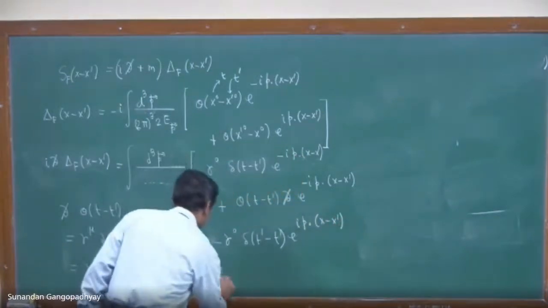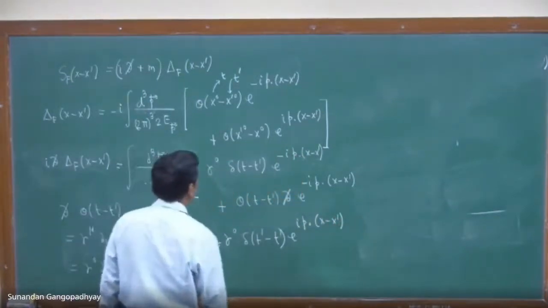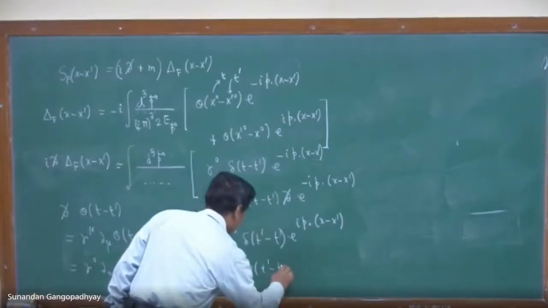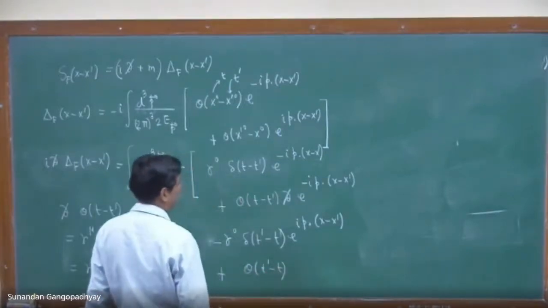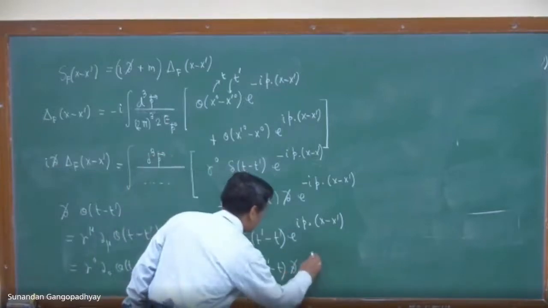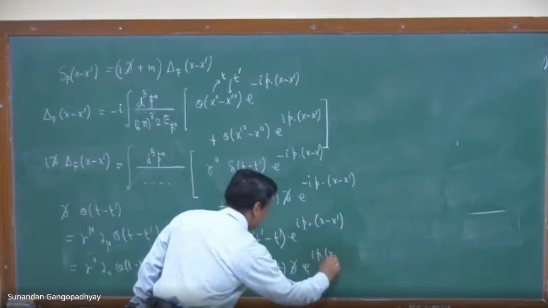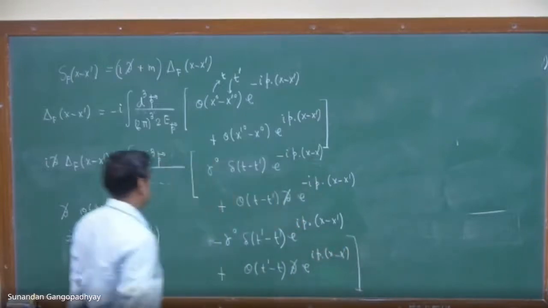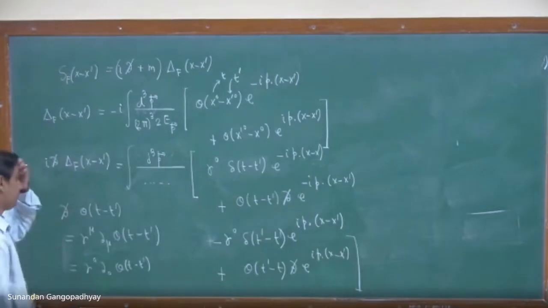And then the last term is plus theta of t prime minus t, del slash acting on the exponential. That completes this thing.